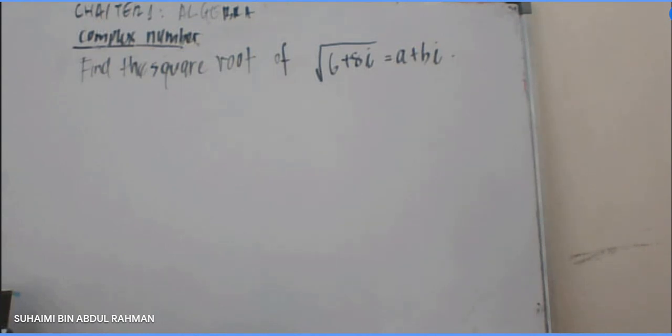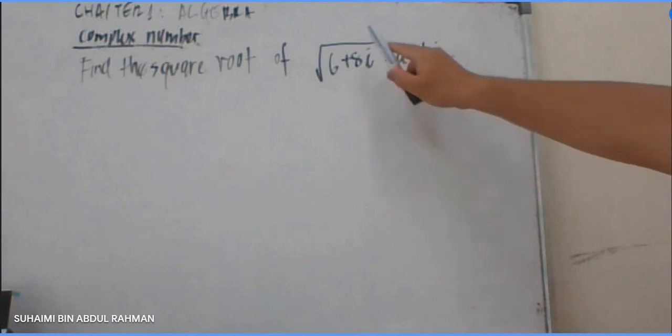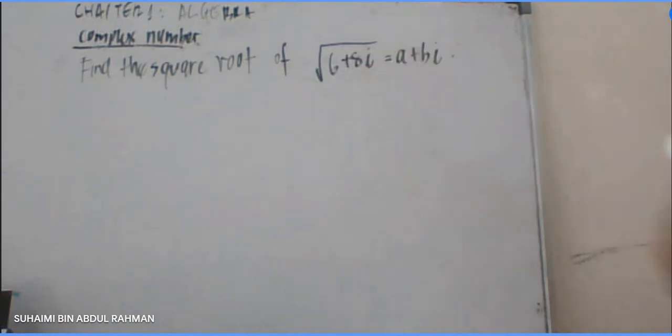Find the square root of 6 plus 8i equal to a plus bi. This is the square root of that. So we need to find the square root of 6 plus 8i.